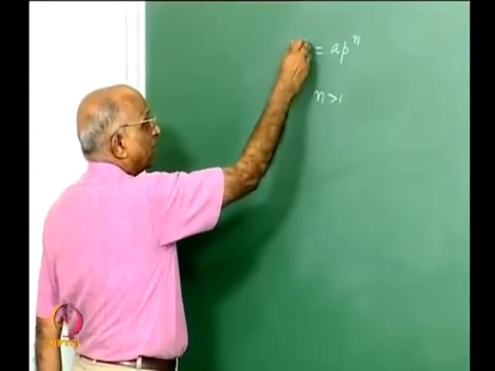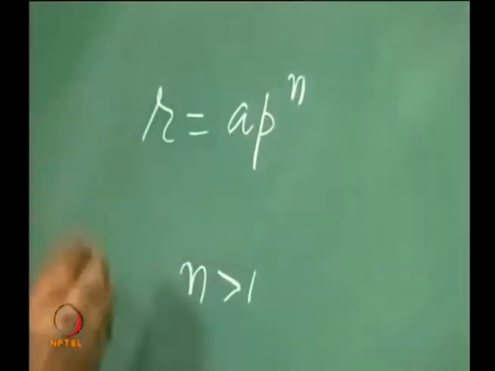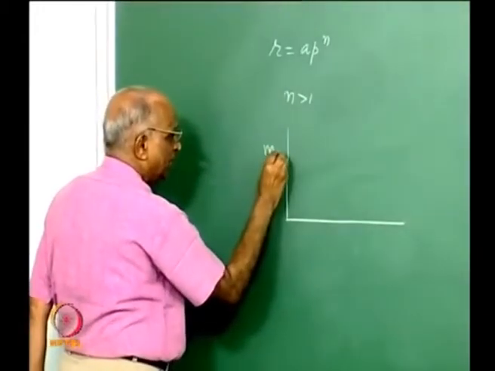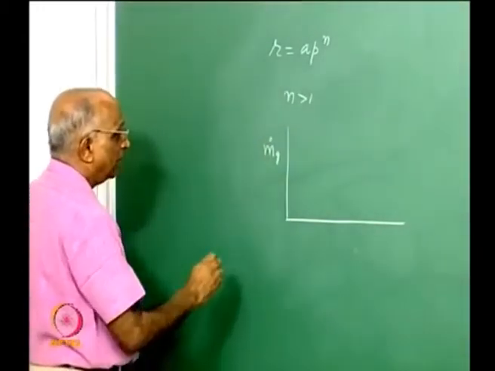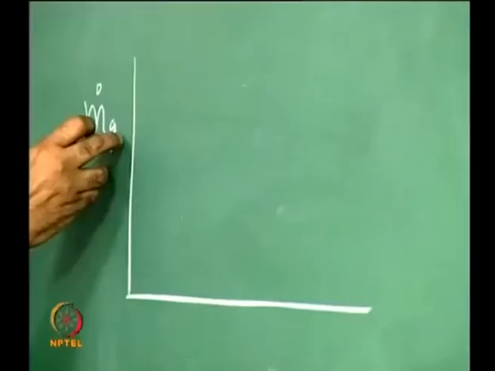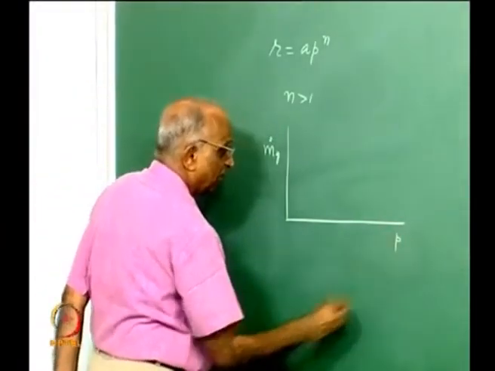If you have a given burning surface area and a given density of propellant, we can plot the rate at which mass gets generated due to burning. That mass generation depends on the burning surface area into the density of the propellant into the burn rate law. We want to plot it as a function of pressure.